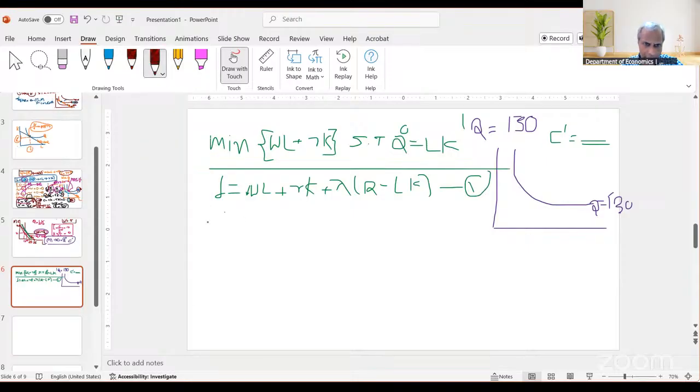The first order condition: differentiate with respect to the decision variables or unknown variables. The Lagrangian equation first with respect to L, the Lagrangian equation with respect to K, and then lambda.